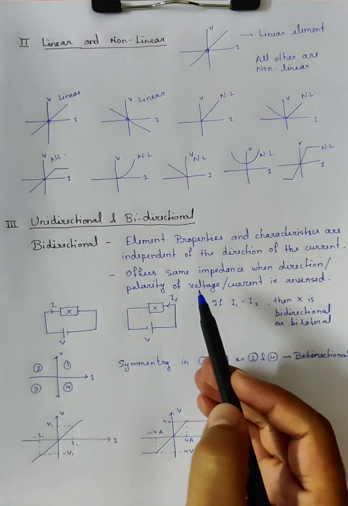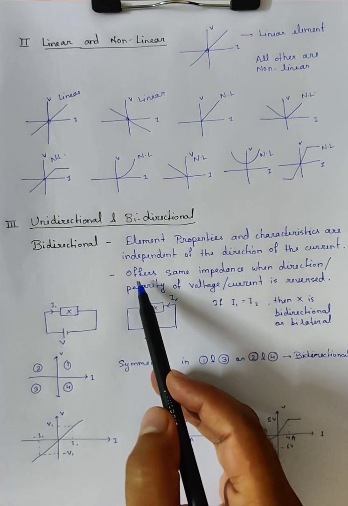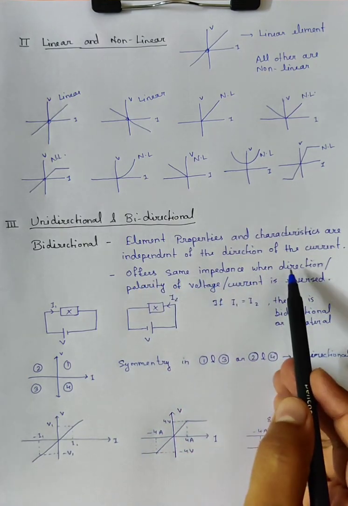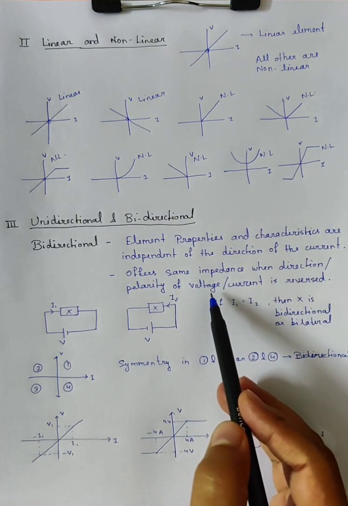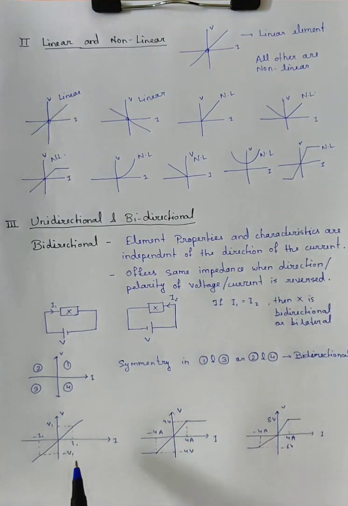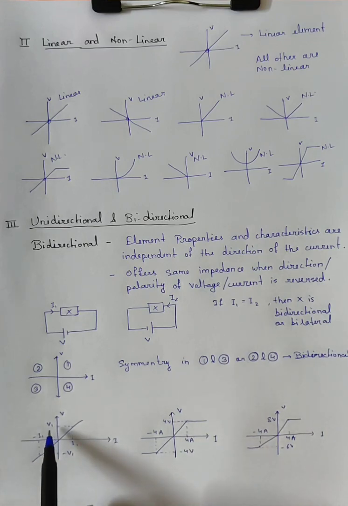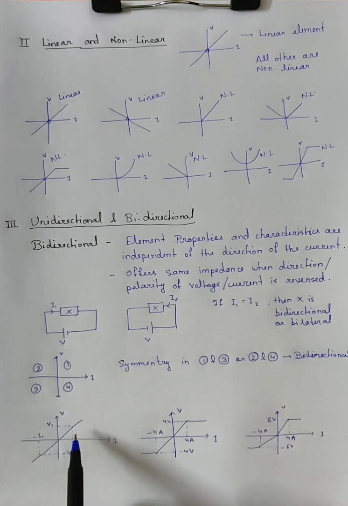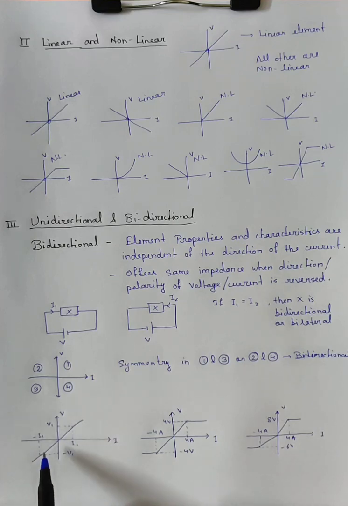Now the second statement is: if an element offers the same impedance when the direction or polarity of the voltage or current is reversed. We can see these three examples for the above statement. In this example, for voltage V1 the current is I1, for voltage minus V1 the current is minus I1. The symmetry is in quadrant 1 and 3.